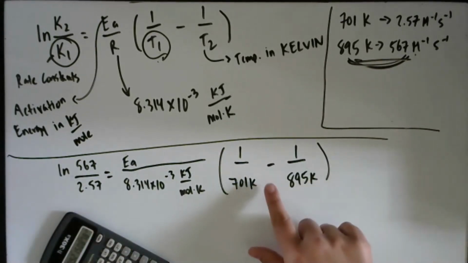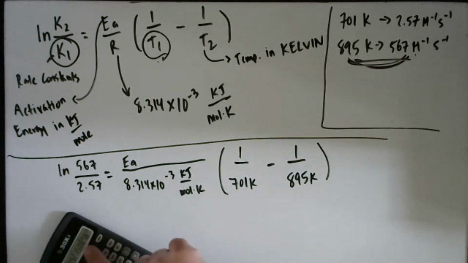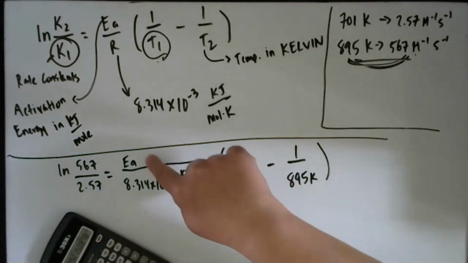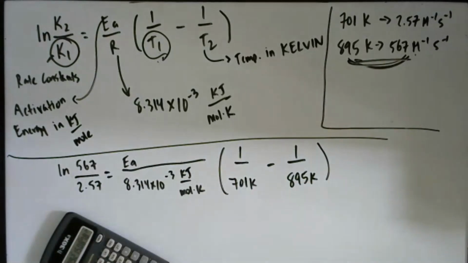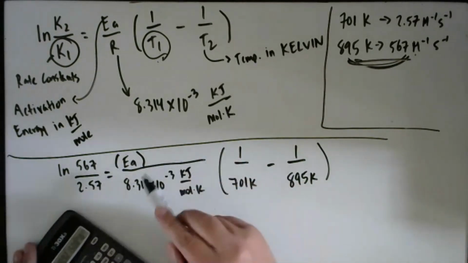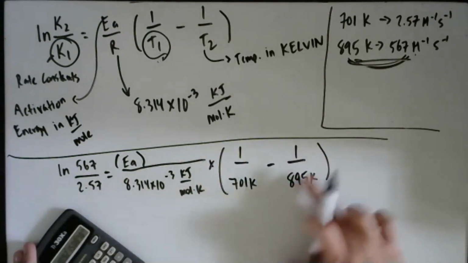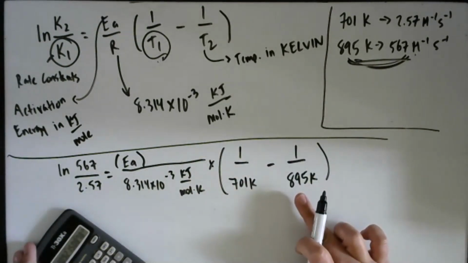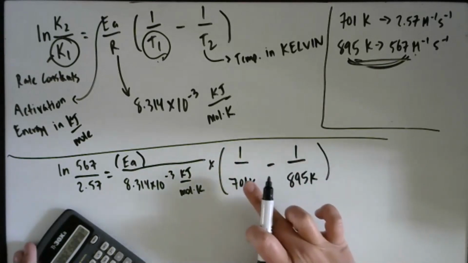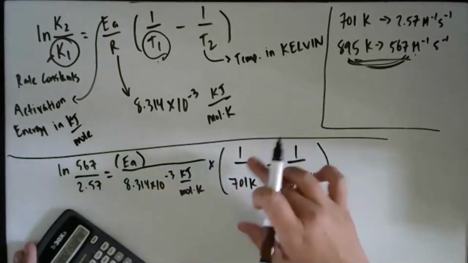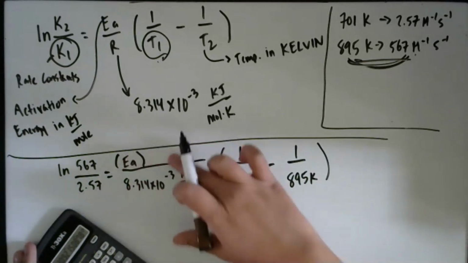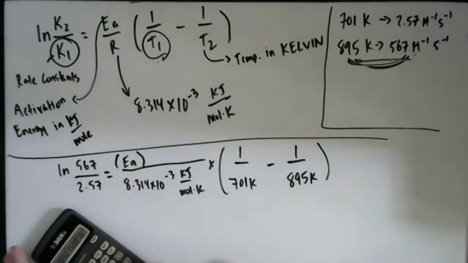I'm going to erase this. This number that I get, I can put on the top of my fraction bar as something I'm going to multiply by my activation energy and then divide by this number here. Because what we have here is EA over R times whatever this value is. Now that I have a number for this value, I'm going to just put it up here so it can be multiplied by this term.